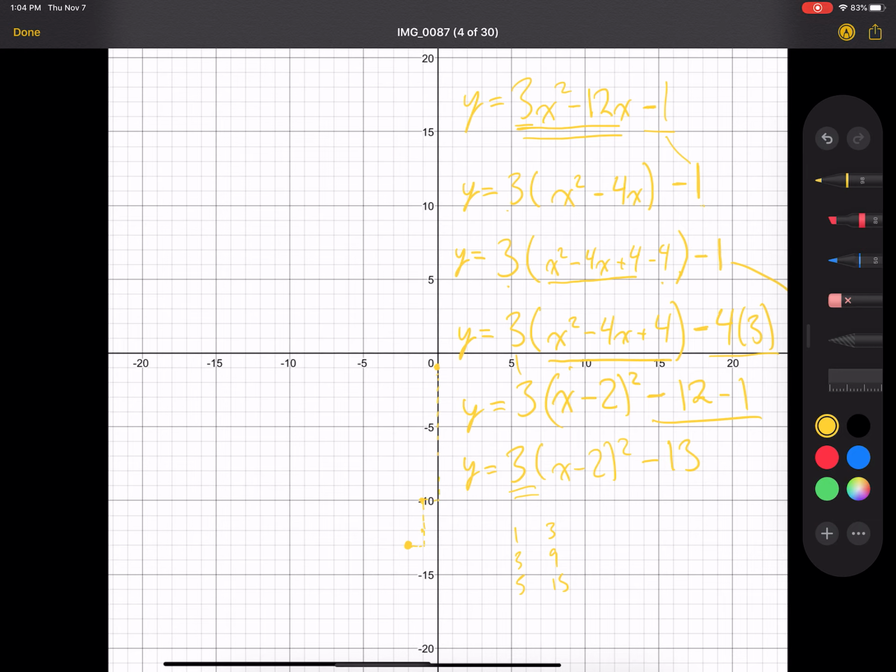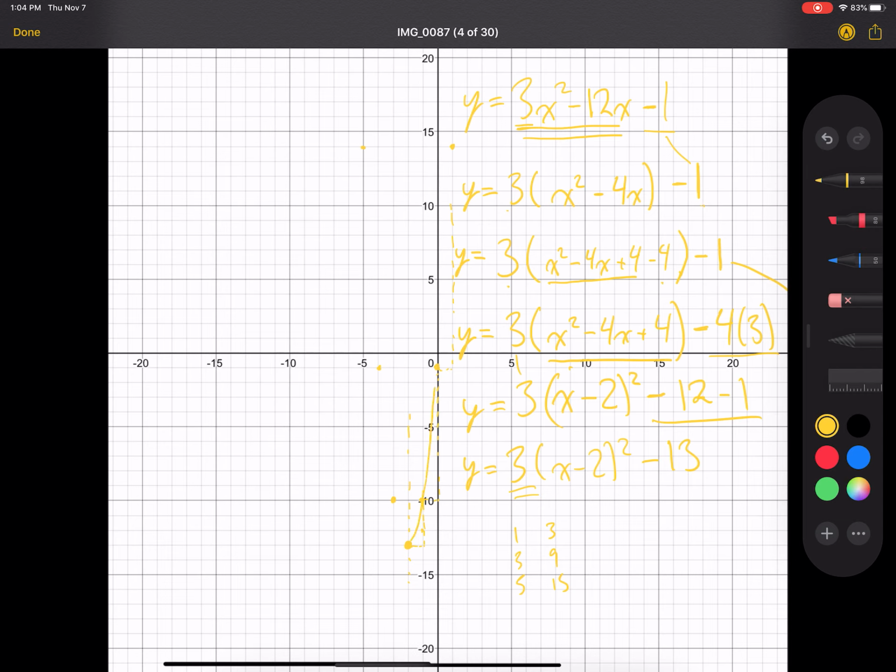My next step is 15 up, almost to 15. And I know it's symmetric, so that goes out 1, this goes out 2, this goes out 3, and we can draw our parabola.